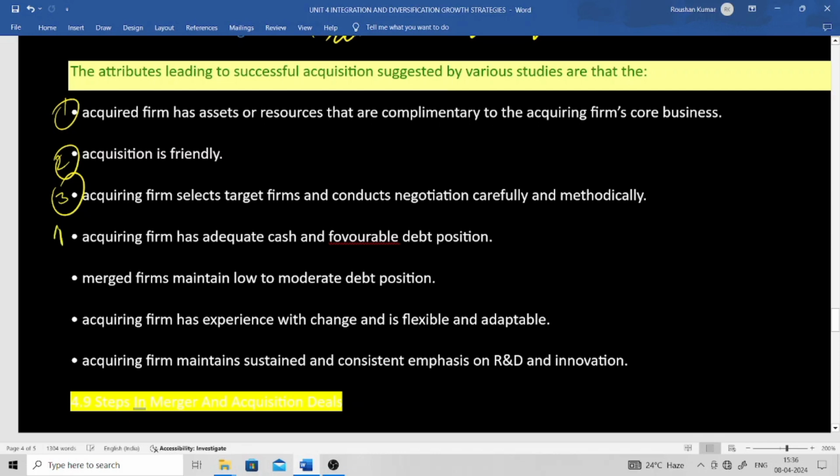Fourth, the acquiring firm has adequate cash and favorable debt position. Fifth, merged firms maintain low to moderate debt position. Sixth, the acquiring firm has experience with change and is flexible and adaptable. Seventh, the acquiring firm maintains sustained and consistent emphasis on research and development and innovation. So these are the attributes which lead to successful acquisition.